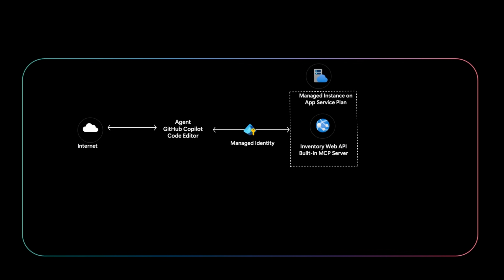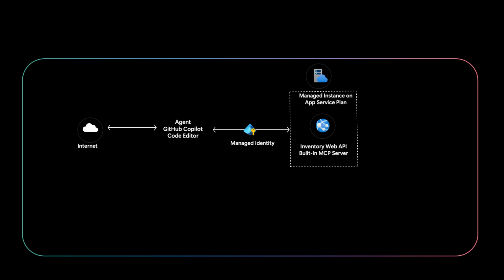Here we have an architecture that Gaurav, my colleague, will show during the demo coming up, of where we've taken an application that is running on managed instance on Azure App Service, and it's a .NET framework application, an inventory web API.